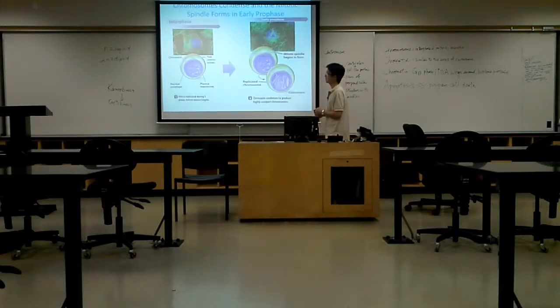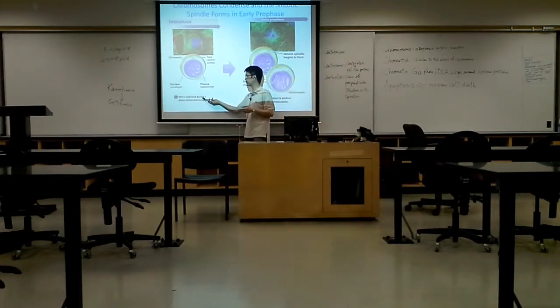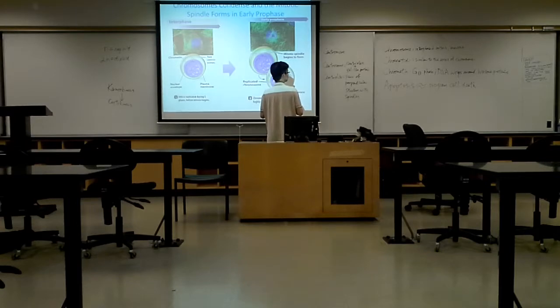So first of all, the interphase. During interphase, DNA is replicated during S phase before the mitosis occurs. And as the picture shows here, during interphase, they are still in the form of chromatin.